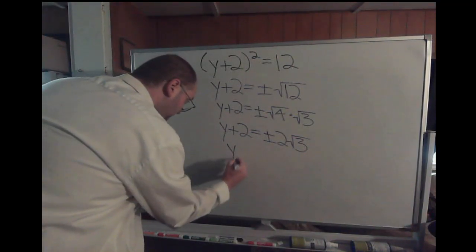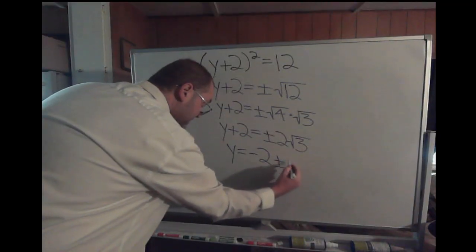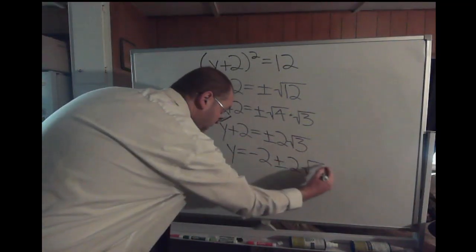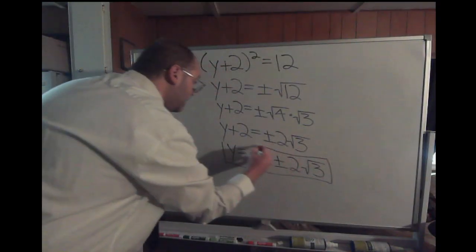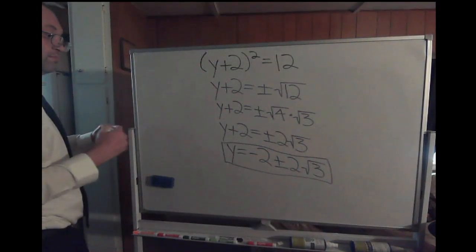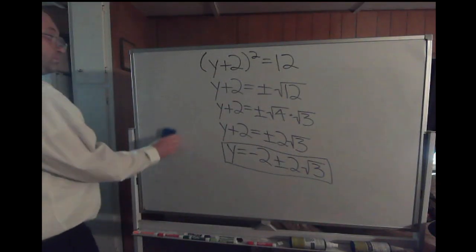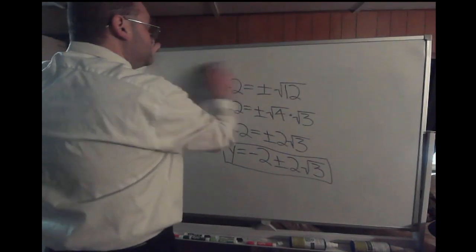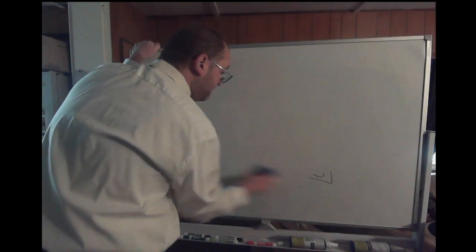You'll get y equals negative 2 plus and minus 2 times the square root of 3, and that would be your answer. So that wasn't too bad. It looks bad, but it's really not.